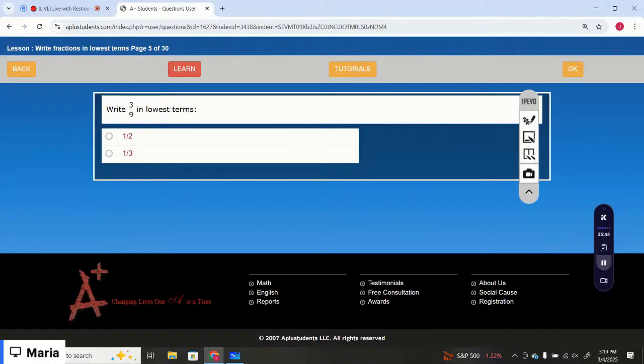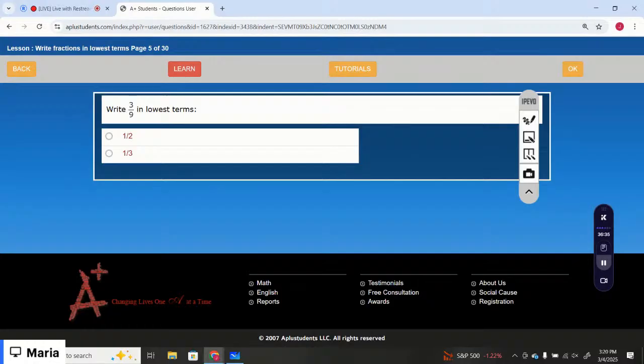Okay, write 3 by 9 in the lowest term, so which is the correct option? Very good.